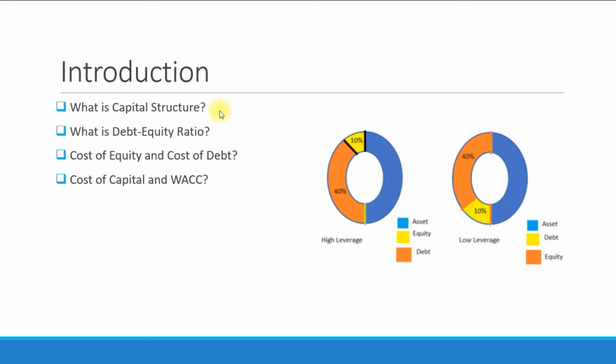Capital structure is the particular mix of debt and equity used by a company to finance its overall operations, activities, and growth. Debt comes into the company in the form of loans, bonds, or issues, whereas equity comes into the company in the form of common stock, preference stock, or retained earnings.